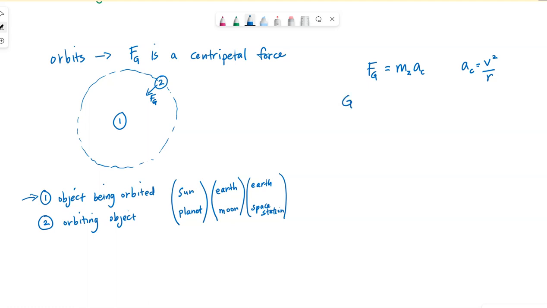If I substitute in for the force of gravity, this universal law of gravitation, the force of gravity depends upon the mass of both objects. R is this distance from center to center. We call this the radius of the orbit. This radius is measured center to center.